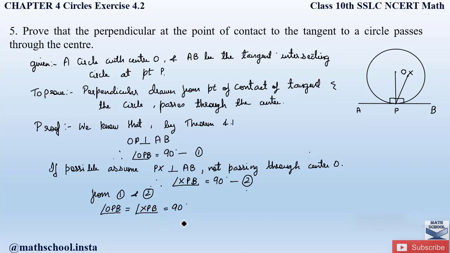degrees. But is that possible? Will this angle be equal to 90 degrees? No, this is not possible, because angle OPB is equal to 90 degrees and XPB is a part of this angle OPB, right? So this is a 90 degree angle, OPB.